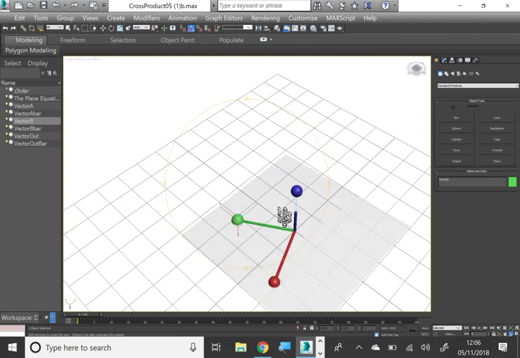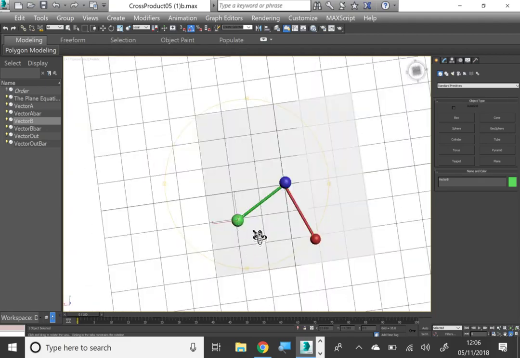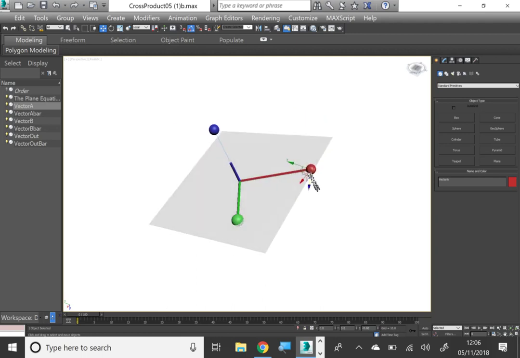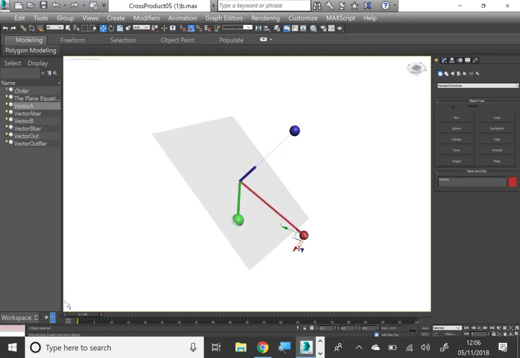So, I'm sure, again, you can all visualize and understand that I have here a plane in 3D. Wherever I go and move these vectors around, I will always be able to form a plane.